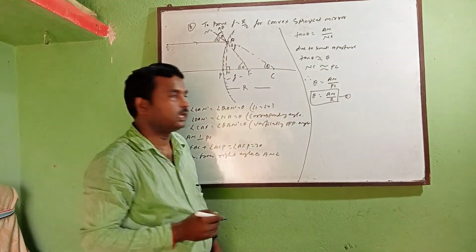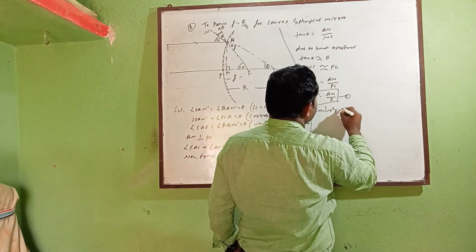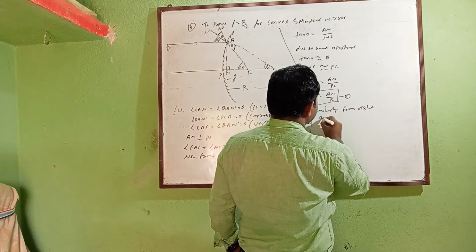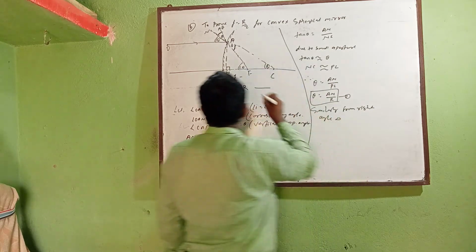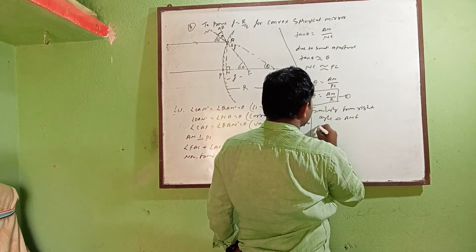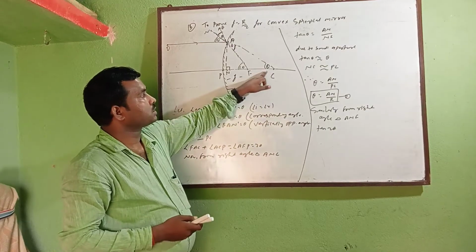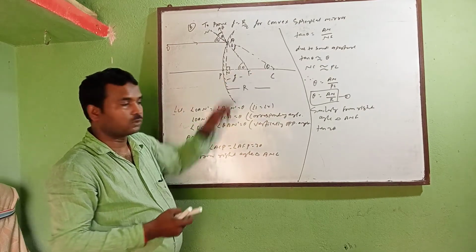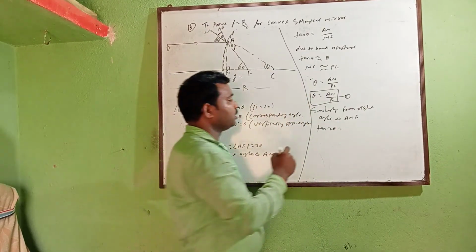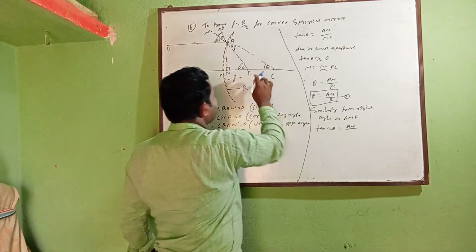Similarly, we can take the second. From the right angle triangle, which one will we take? ANF. We can write tan 2 theta. Why? Because here is theta and this is 2 theta. So tan 2 theta equals P by B, that is AN by NF.